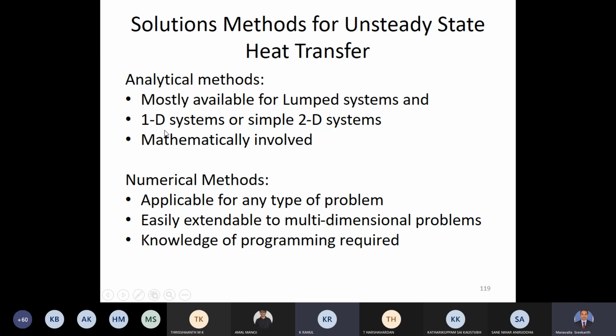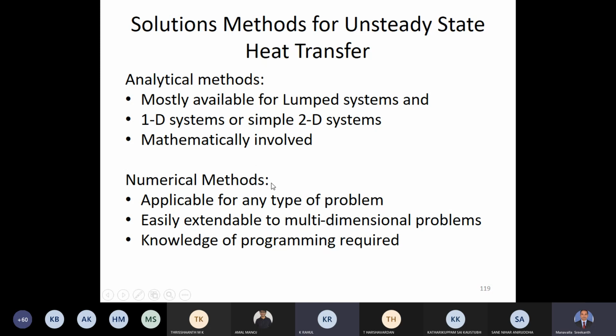I will show you later on. The problem is they are mathematically involved. These are partial differential equations, and solving partial differential equations is time consuming. It is also difficult, and sometimes it may be impossible.